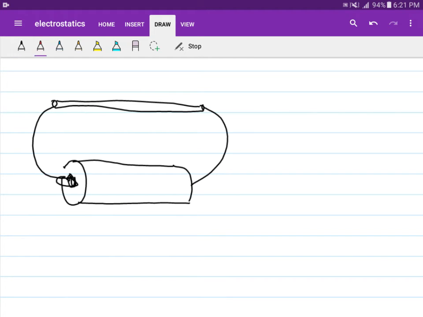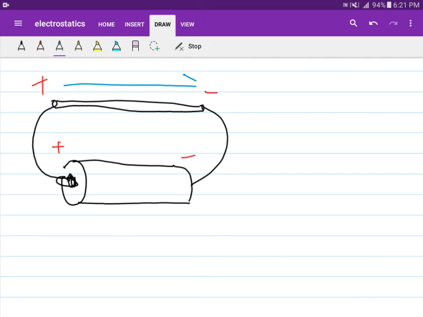So in this battery we have high potential and low potential. So in the same way that a water current flows through a tube, the same thing happens with this battery connected to a wire. So this battery induces a potential difference inside this wire, causing current to flow in this direction.